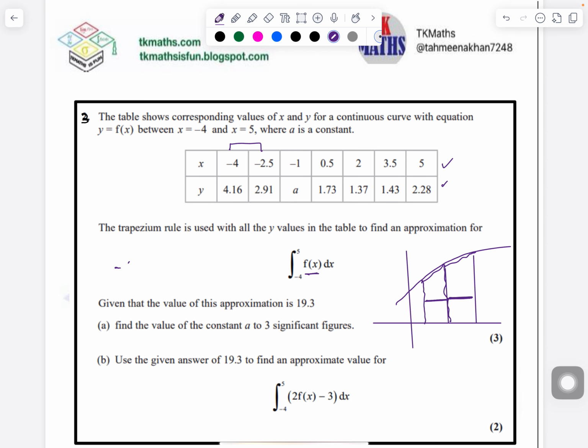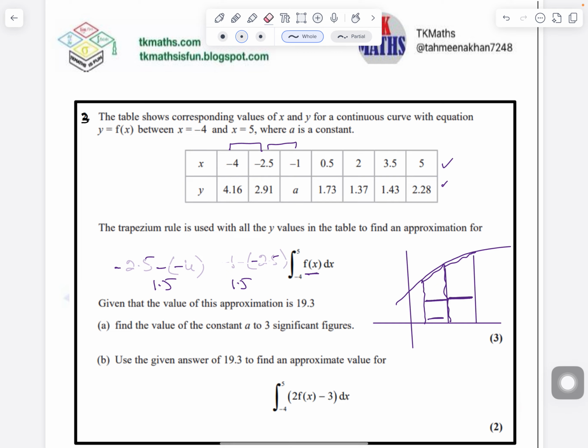So if you do minus 2.5 minus minus 4, what will you get? 1.5. If you do here, minus 1 minus minus 2.5, what will you get? 1.5. So the strip width is 1.5, right?